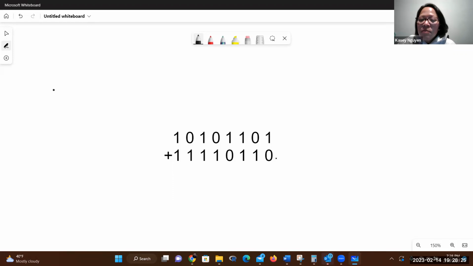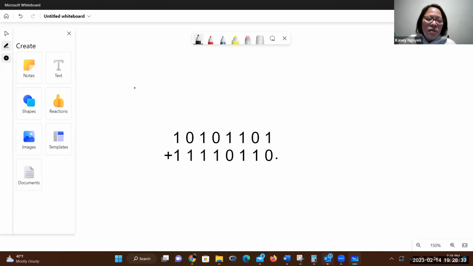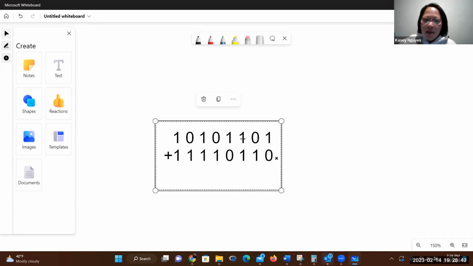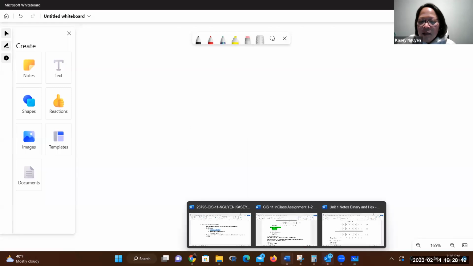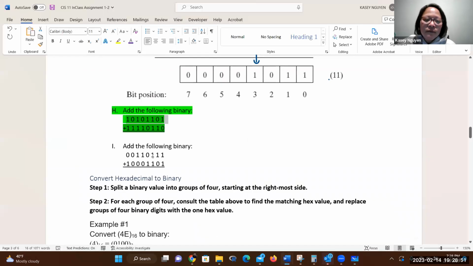Okay, you have a MacBook. The Mac program should have the same options that you can use for handwriting. Let me see. Let me delete this. Okay, all right. So now let's do the next one together. Some of you might be ahead.